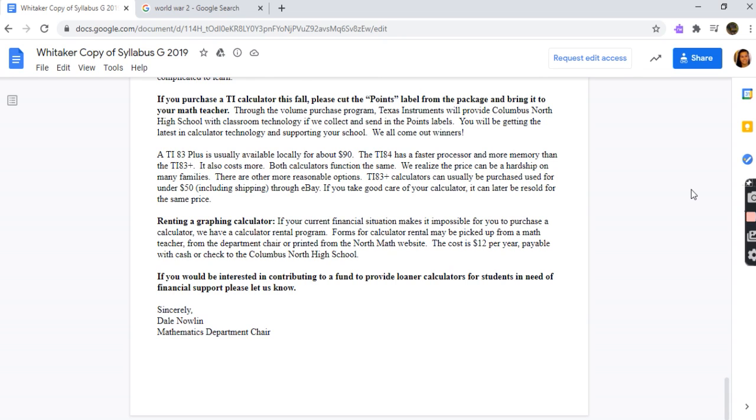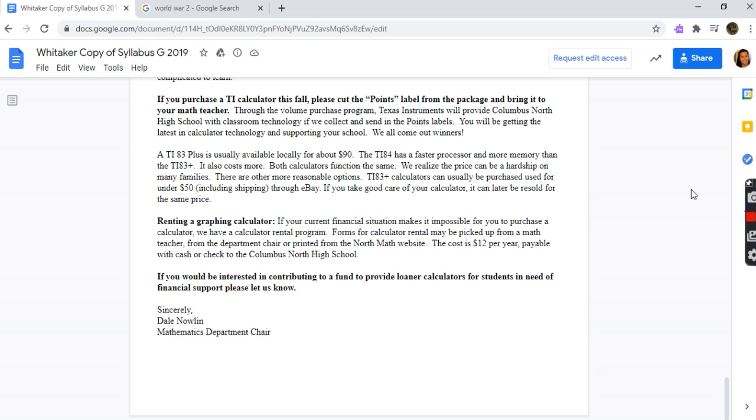If your current financial situation makes it impossible for you to purchase a calculator, we have a calculator rental program. Forms for calculator rental may be picked up from the math teacher, from the department chair, or printed from the North Math website.